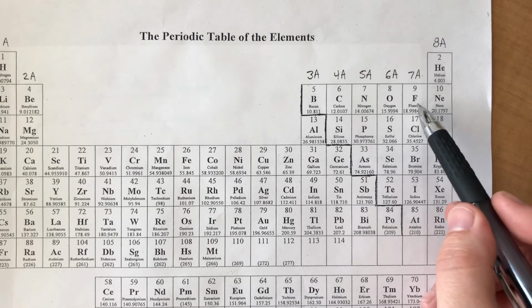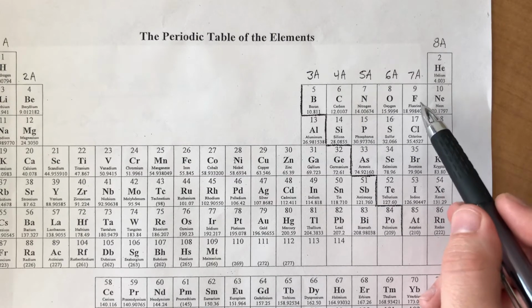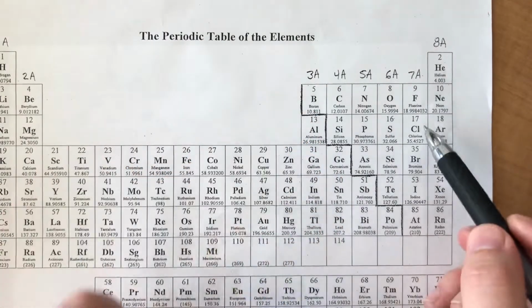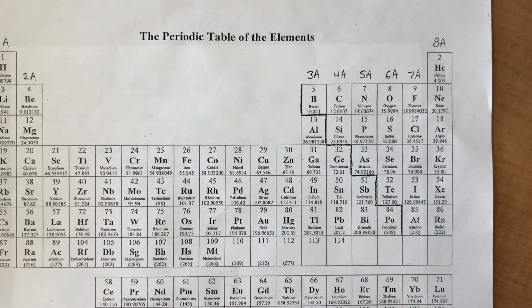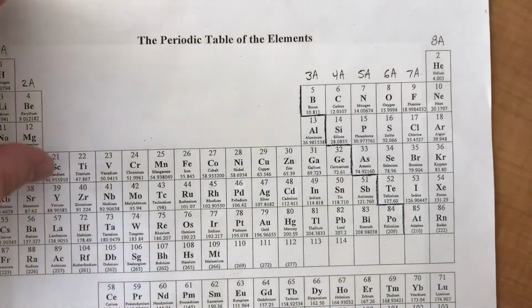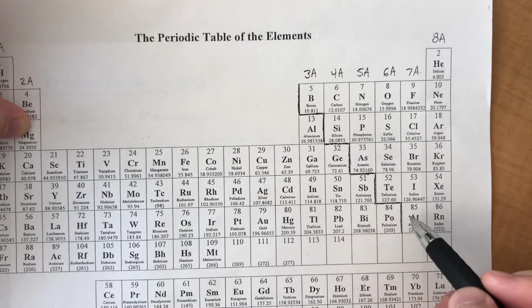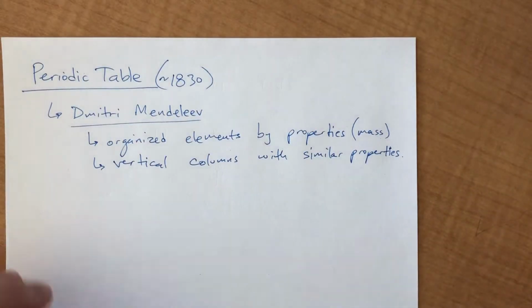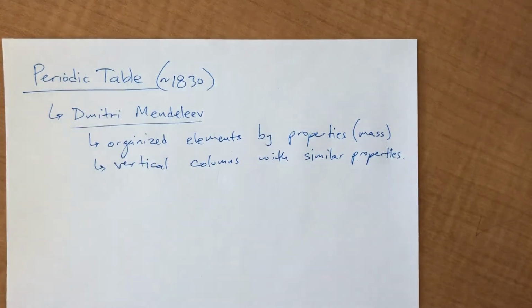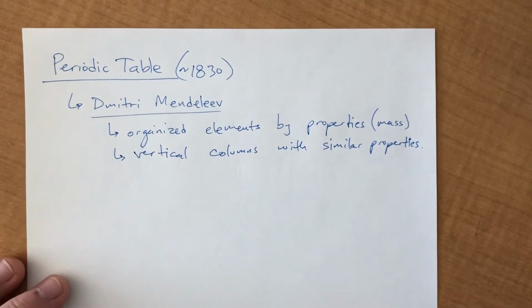Basically, they bond up together, so fluorine doesn't exist as F in nature. It exists as F2, so 2 fluorines come together, 2 chlorines, 2 bromines, 2 iodines. But the idea is things in the same column, these all form -1 charges. They all kind of form the same types of stuff.